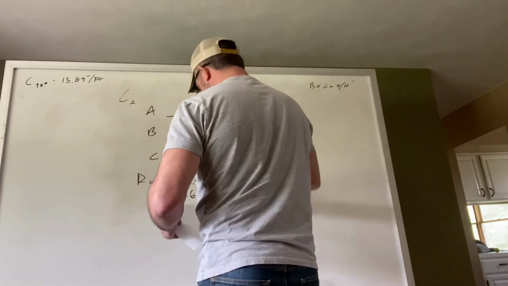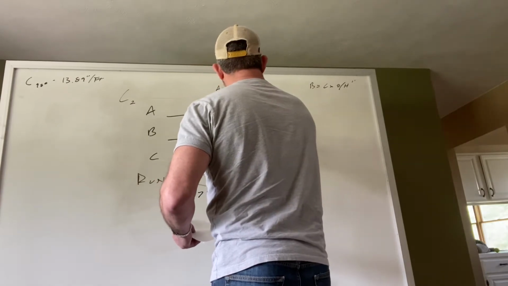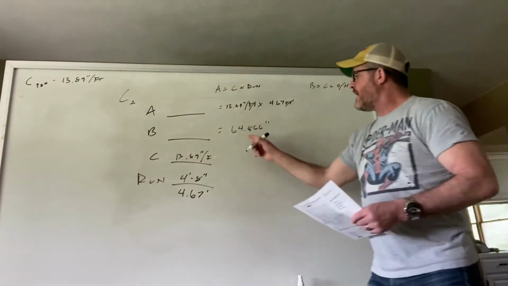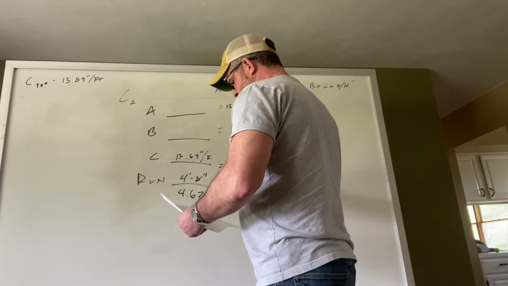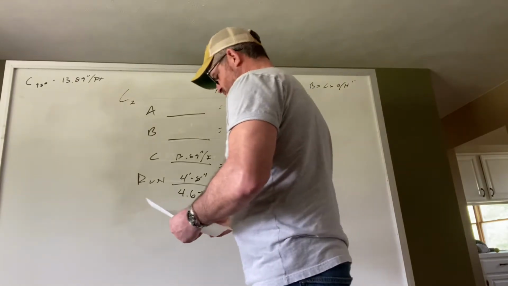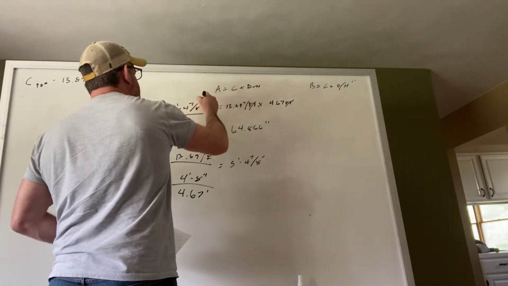I do that math and I get 64.866 inches. And then I divide by 12, multiply by 16, and I find that I have 5 foot 4 and 7/8 of an inch. So 5 foot 4 and 7/8 inches.